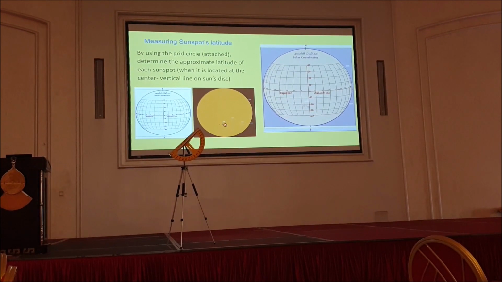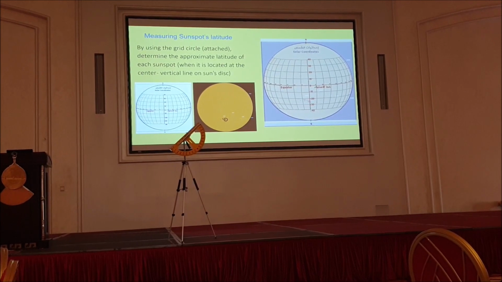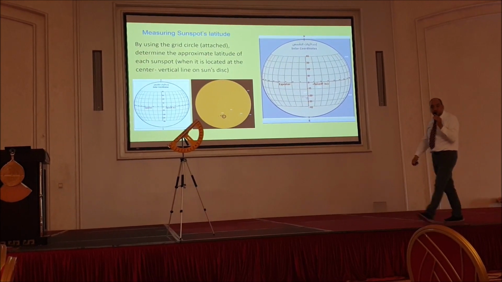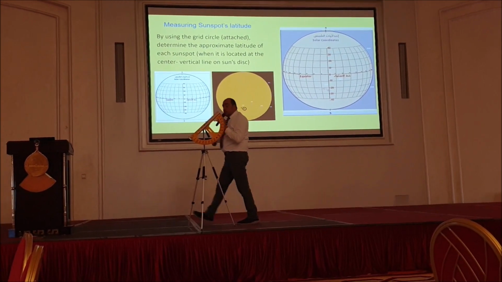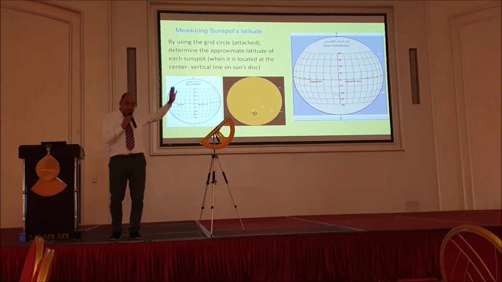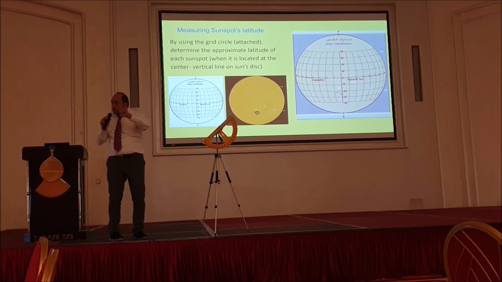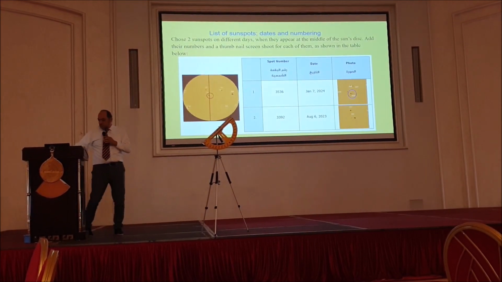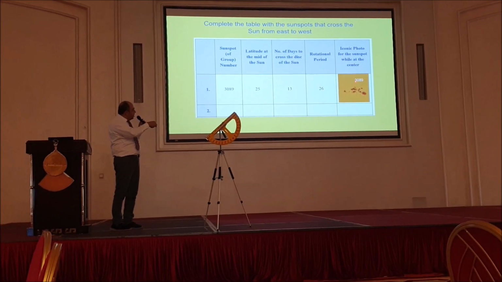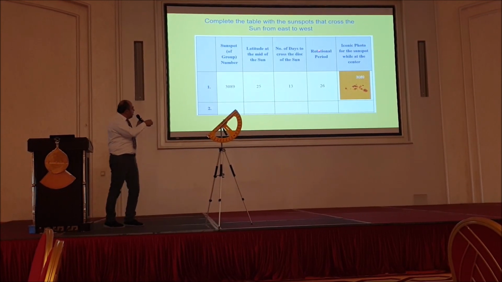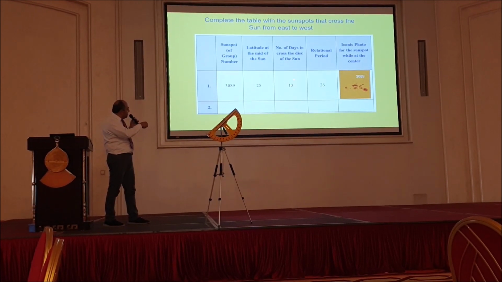You can read, for example, 0, 10, 20, 25, minus 25 degrees, or 25 south of the equator. You can choose one here and another here. Now, by following the time from the beginning of appearance till the end of disappearing, you get the duration. See this one, for example, sunspot 3089. We calculated the days from the beginning till the end: 13 days.